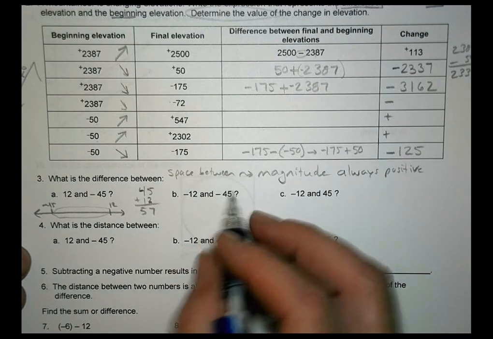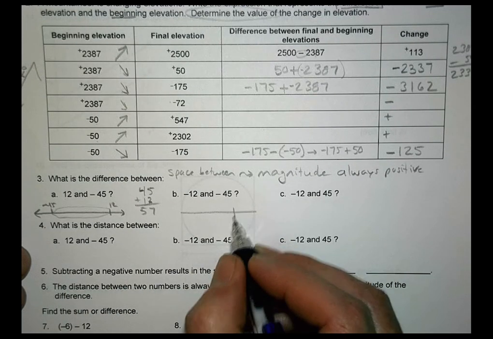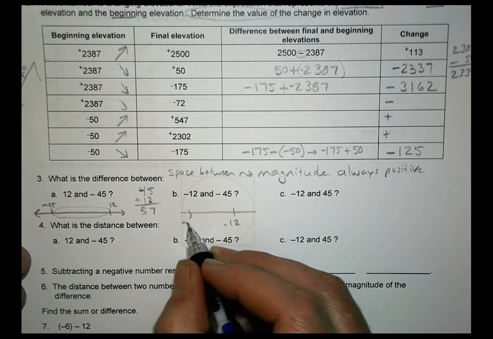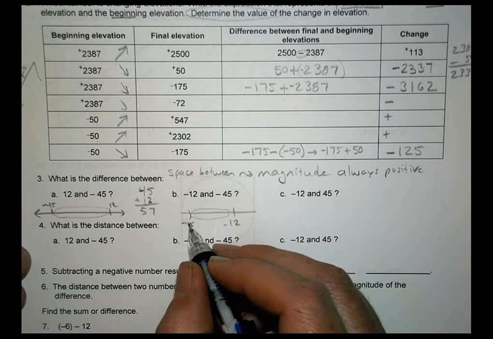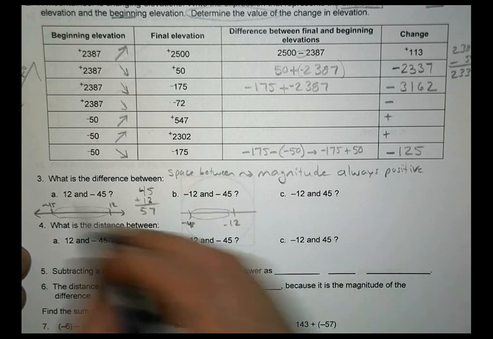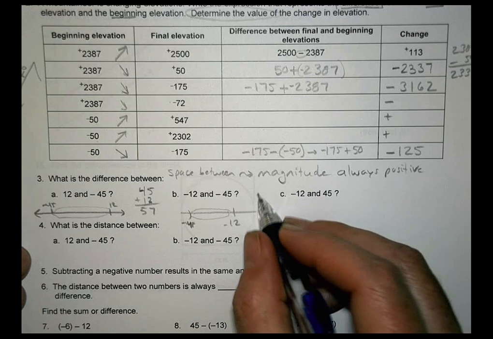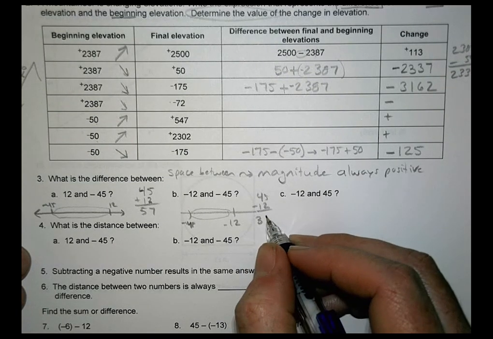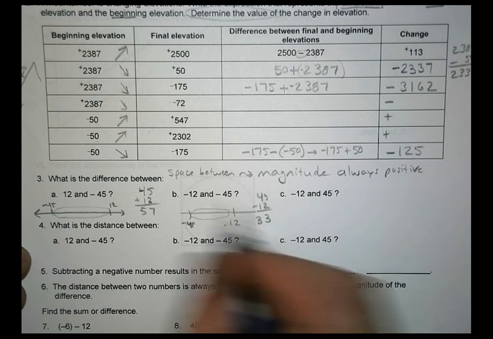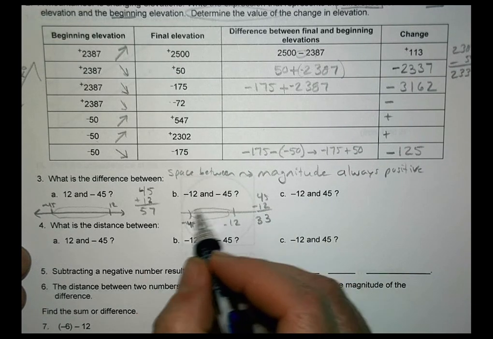What's the space between -12 and -45 though? Now that space is not going to be a combination, because I don't have a positive and negative. It actually would be the difference, 45 minus 12, and you end up with 33 as the space between. There's 33 points between those two.